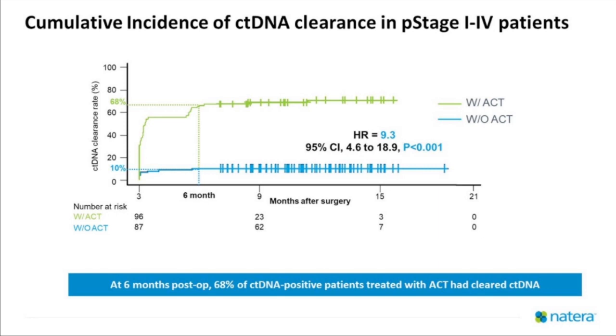And if we look at that green line, we can see that the molecular residual disease patients who were given adjuvant therapy, about 68% cleared their ctDNA. And in those cases, we can say that that chemotherapy definitely helped those patients. It definitely provided them with the ability to clear their ctDNA, and that disease clearance improved their disease-free survival and their overall survival months after surgery.